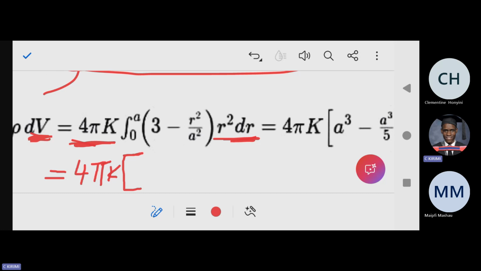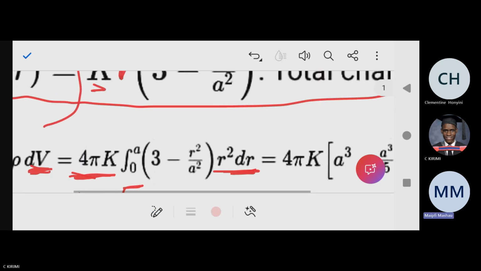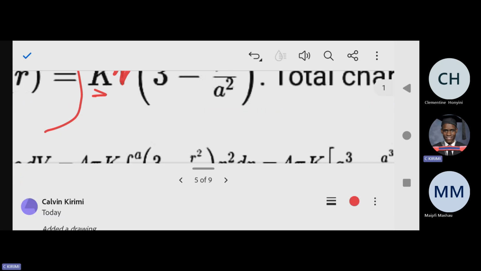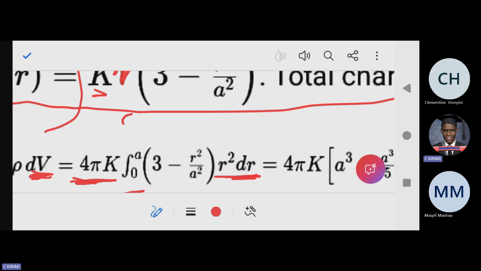Before you integrate, are you seeing that the r squared is multiplying everything that is inside the bracket? Did you see it? So if you want to make your life easy, you do it like this. This one would be easy for you to integrate from 0 to a.